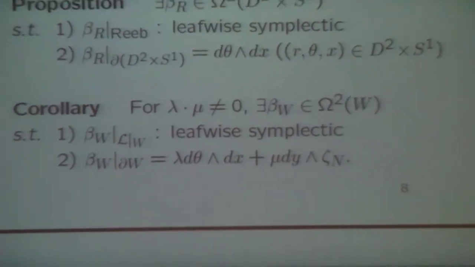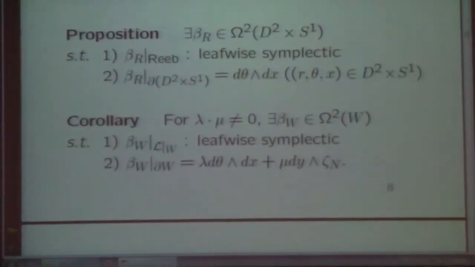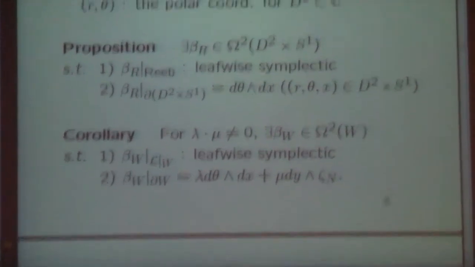So we have that 2-form here, and it is pulled back to the tubular neighborhood. And also we have the closed 2-form dy wedge zeta_N.